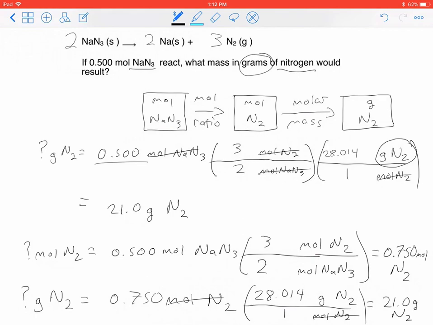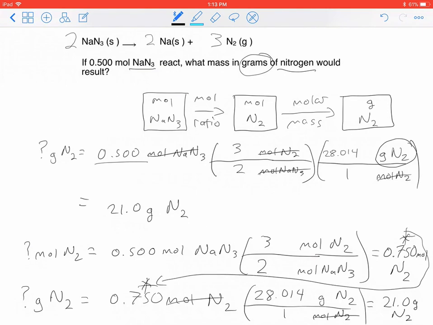Now, is there really a huge difference between these 2 methods? No. However, if you do the 2 steps, when you get to the step where you calculate an answer, remember, you don't round for significant figures until you have a final answer. So do not round when you plug the number in.